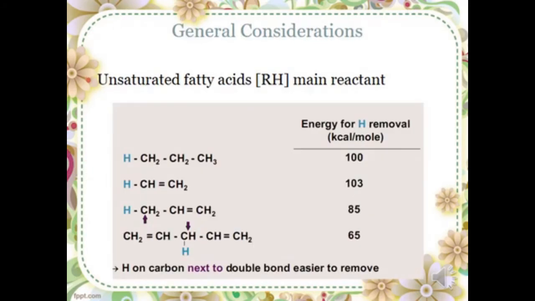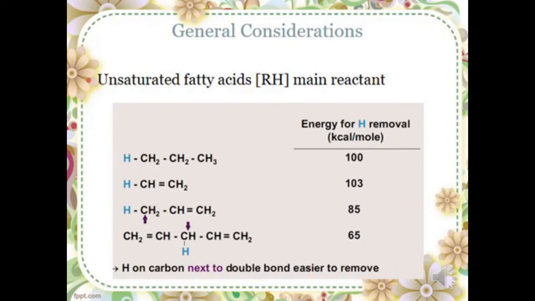So, what leads to auto-oxidation or lipid oxidation in lipid-containing food? The major reactant is the unsaturated fatty acid. Remember, I have covered the physical properties between saturated and unsaturated.